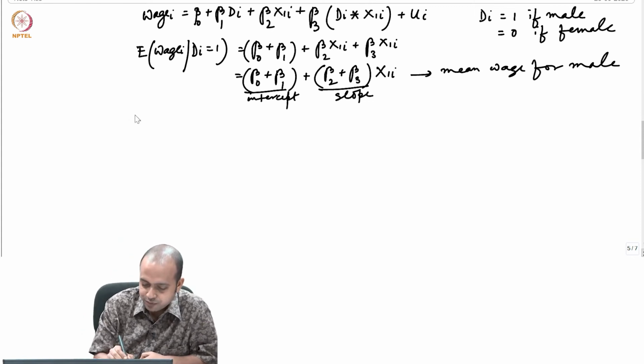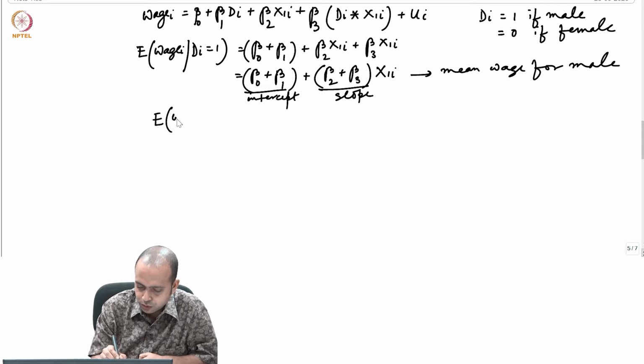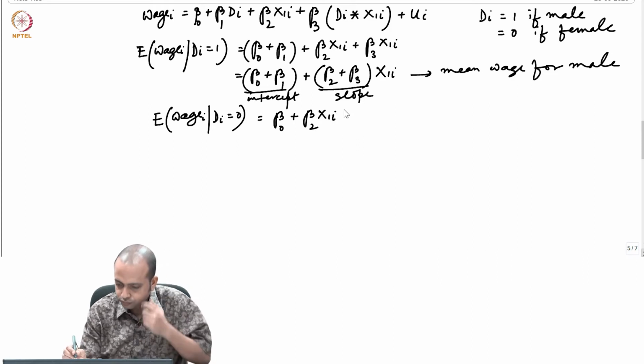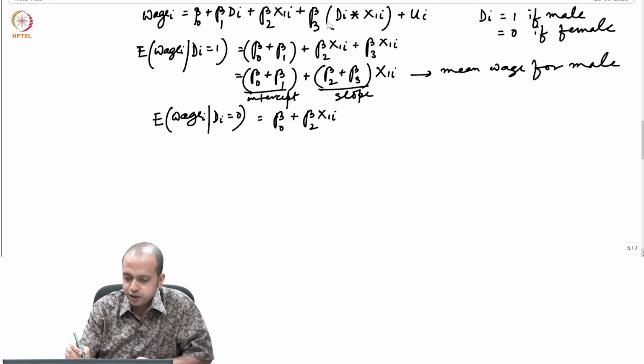Now, if you derive the expectation of wage given D_i equals 0, what you will get? Beta 0 plus beta 2 x_i, and this becomes 0, this also becomes 0.